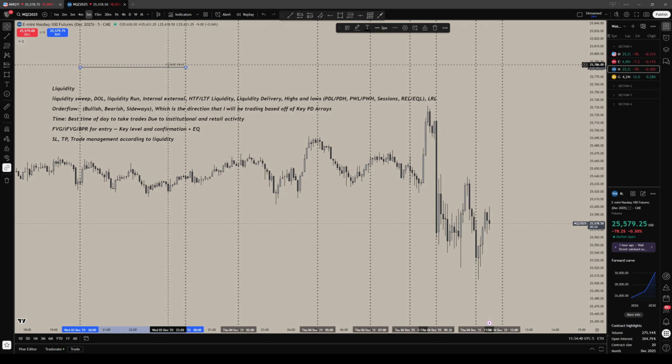this is the Asia kill zone. It is between 8 p.m. to 12 a.m. This is when the Tokyo market is strongest, and again, a lot of time Asia will never be as big as London, and it'll never be as big as New York.